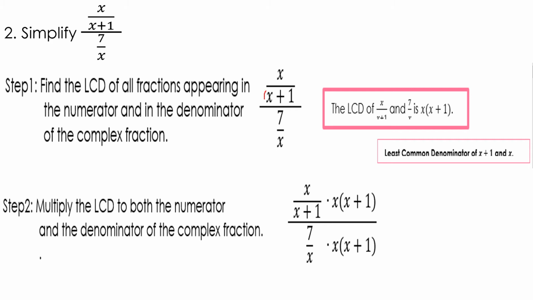Since we have here the denominators x plus 1 and x, we can make this our LCD. And then we multiply both the numerator and the denominator of the complex fraction by our LCD, which is x times the quantity x plus 1. So you multiply. Then we can cancel this out.